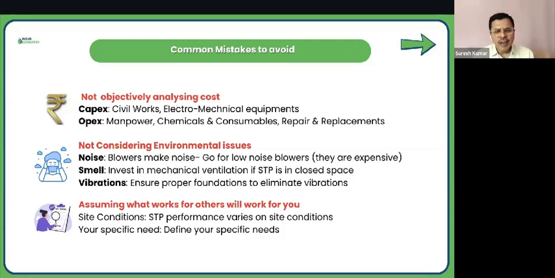You might have a wonderful mechanical ventilation, that means an air blower which is taking away the foul air from your STP area. If the operator is switching it off or you want to save power and switch off, then you have a problem. Okay, so these are the factors that one must consider before going for an STP designer or vendor.